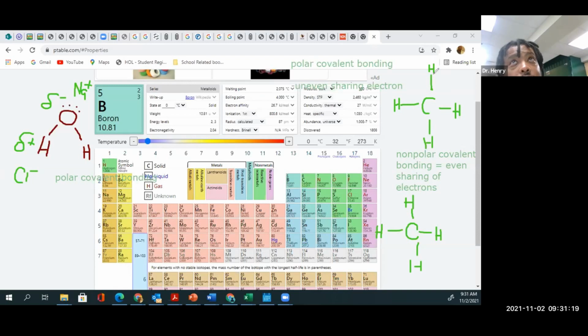So it's sharing 1 with each of the hydrogens, and it had the 4 that it's also sharing. So that's 2, 4, 6, 8. These lines represent 2 electrons that are being shared, or bonding electrons. So it's like a noble gas, like neon now, because it has 8 around it. Okay, do you guys get that?